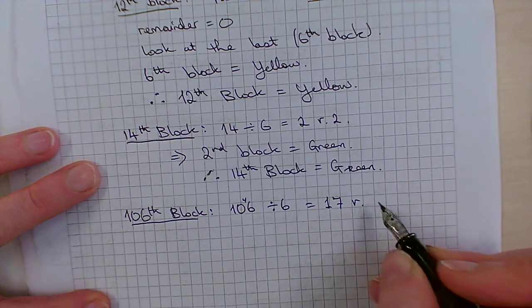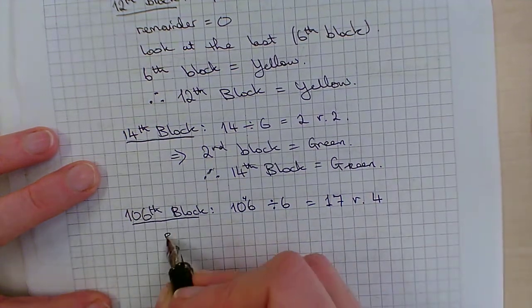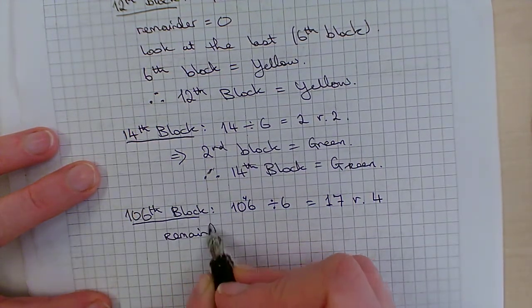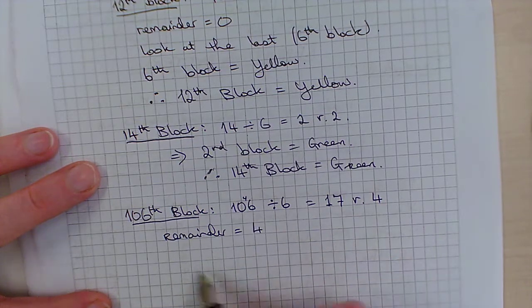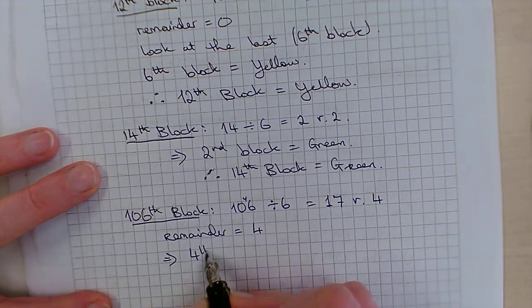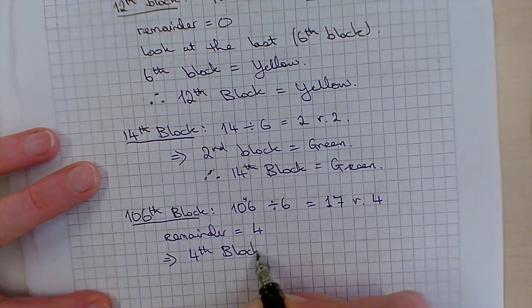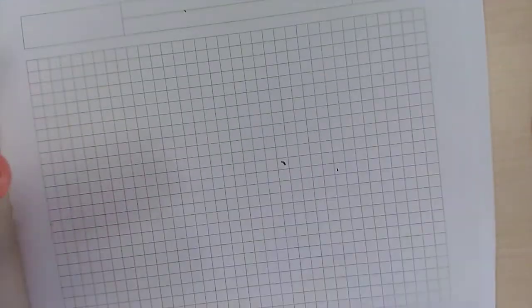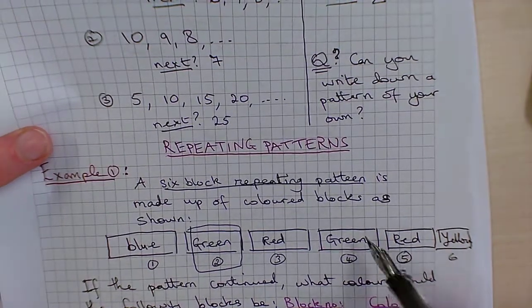So the remainder is 4. That means the 4th block was, if I look back here to my original pattern, my 4th block was green. My 4th block was green.